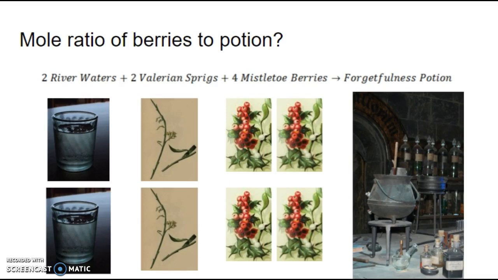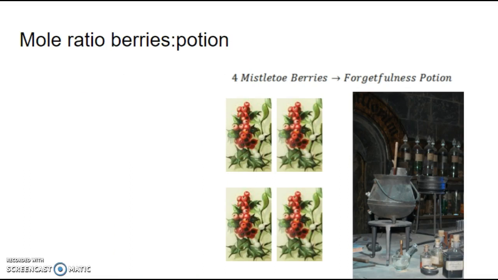So let's just focus on the mistletoe berries and the forgetfulness potion. And we see that the reaction requires 4 moles of mistletoe berries, and it creates 1 mole of forgetfulness potion. So let's write down our ratio. Good, our ratio is 4 moles of mistletoe berries to every 1 mole of forgetfulness potion. And we can use this mole ratio to solve another problem.